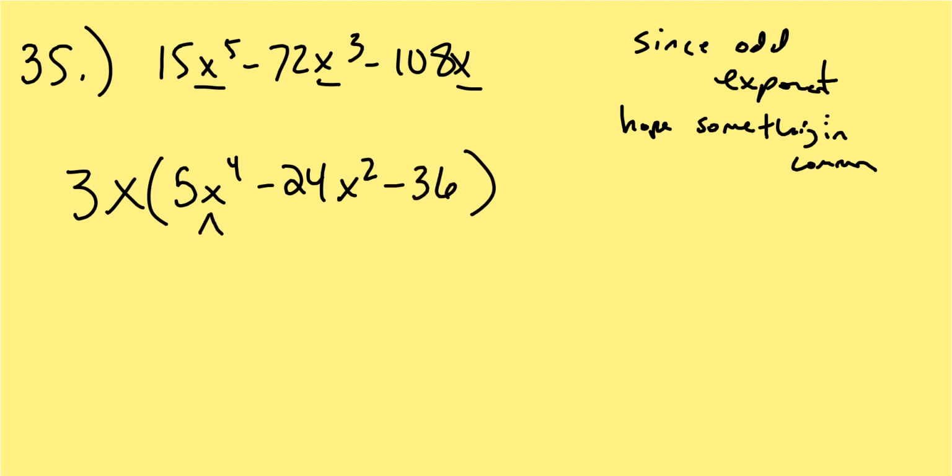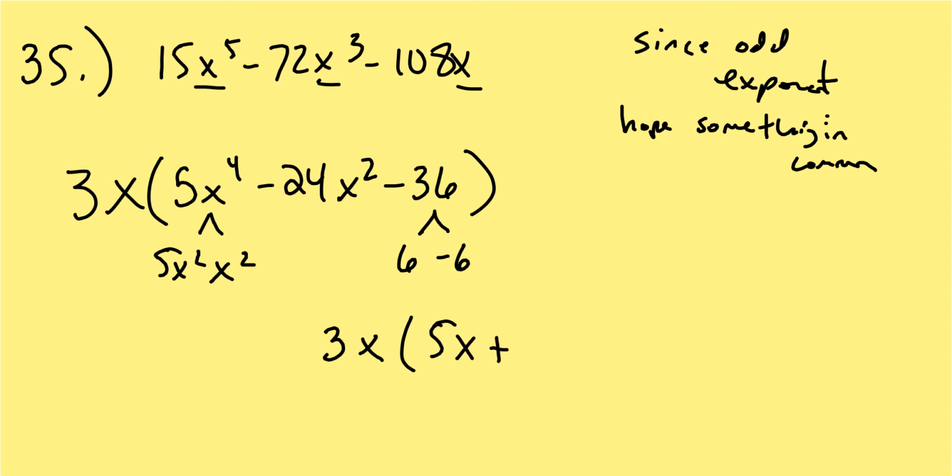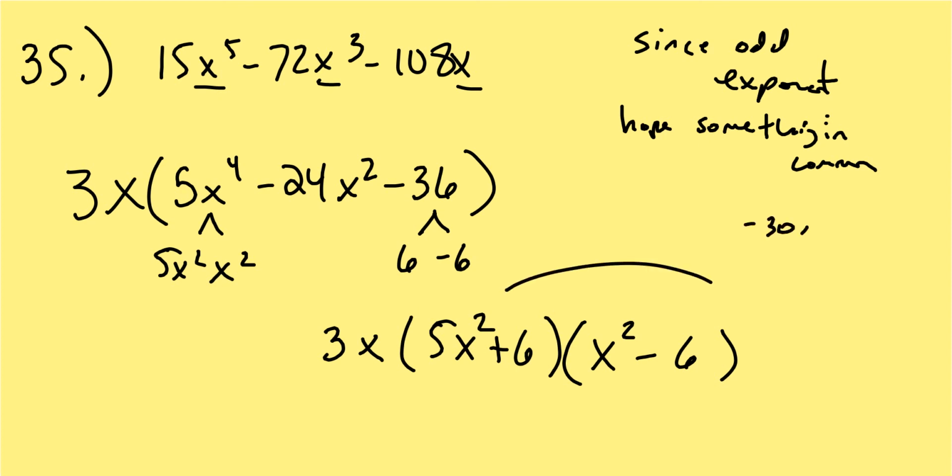Now, how do I get 5x to the fourth? 5x squared and x squared. How do I get 36? 6 and negative 6. There's a whole bunch of other options, but I'm going to check this one first. So I'll put 5x squared plus 6, x squared minus 6. I do the outside, I get minus 30x squared. I do the inside, I get plus 6x squared. Together, it's minus 24x squared.